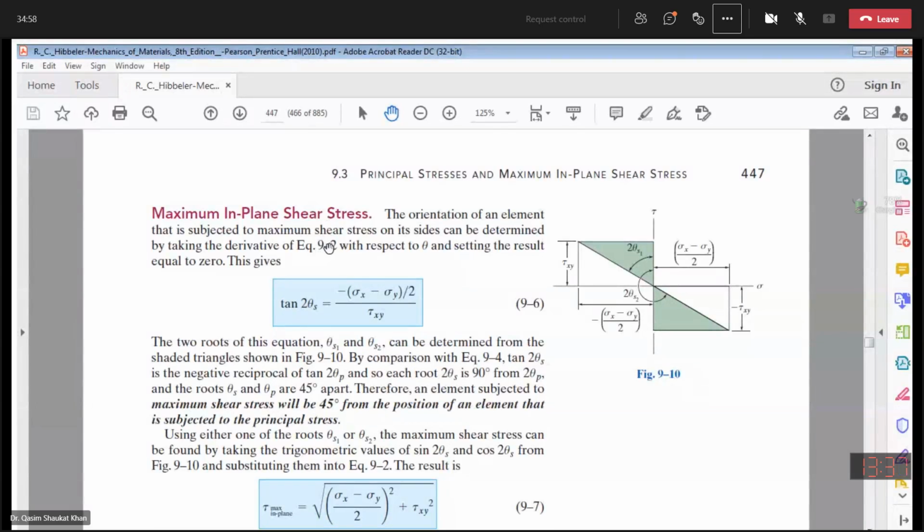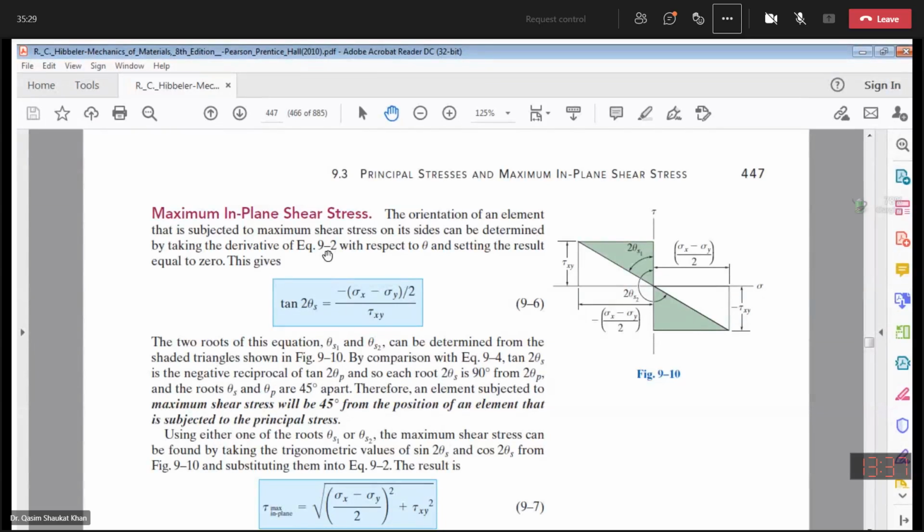Equation 9.2 is basically our equation number 3 for the computation of the transformed shear stress, tau x dash y dash, that is equal to minus sigma x minus sigma y over 2 sine 2 theta plus tau xy cos 2 theta.